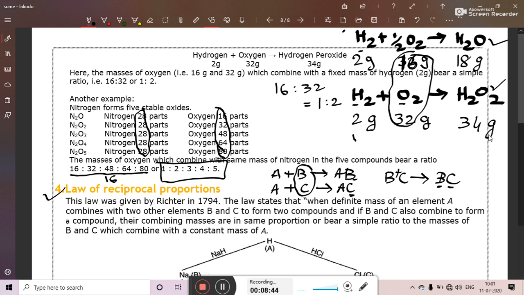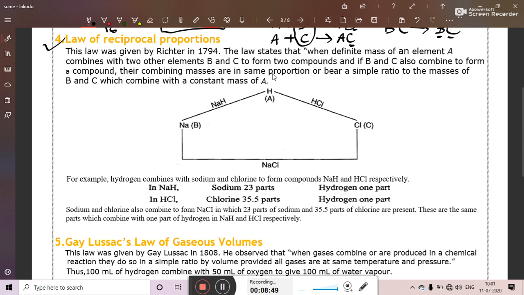So let us take an example to understand this. In this example, we have taken hydrogen as element A, sodium as element B, and chlorine as element C. So element A, hydrogen, can combine with element B, sodium, to form a compound NaH.